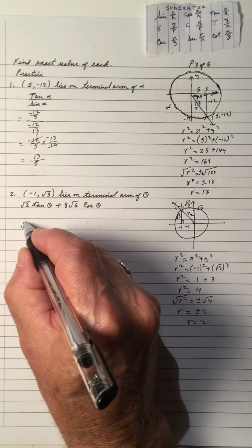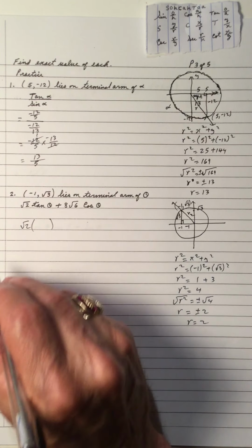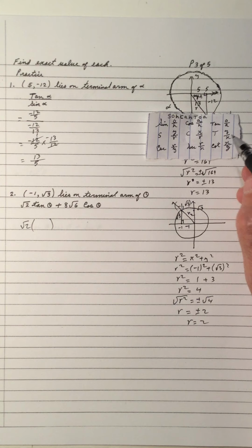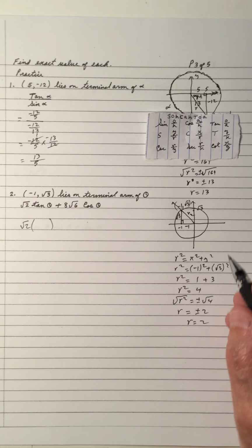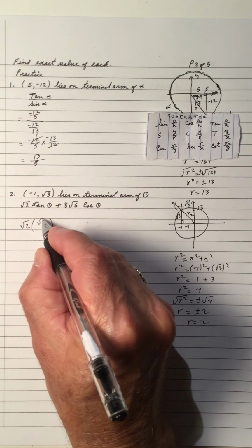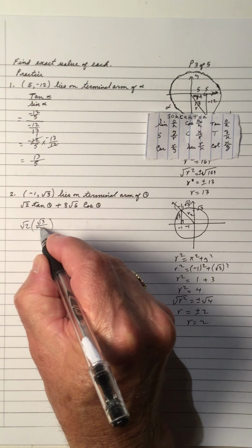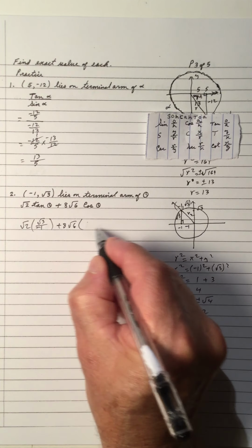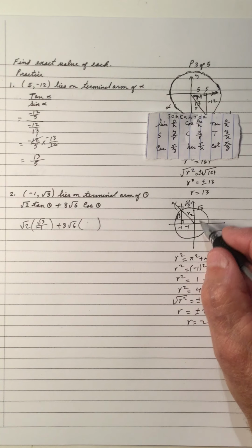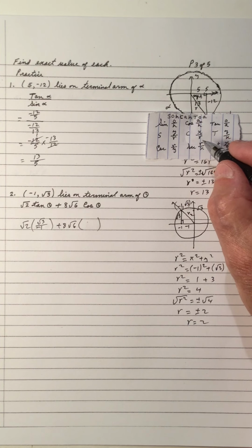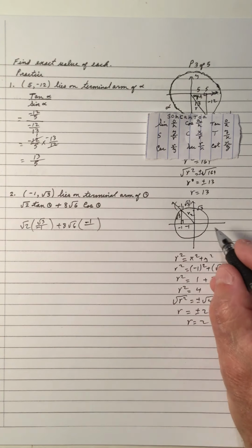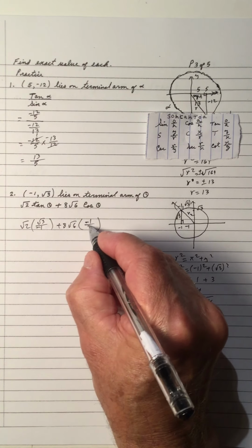And so we have root 2. Tan, bring in our sheet, tan is the y over the x. So the y is root 3 over x, which is negative 1, and cos is the x over the r, so the x is negative 1 over r, which is 2.